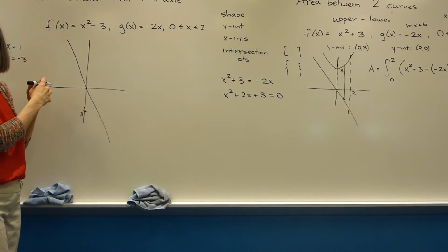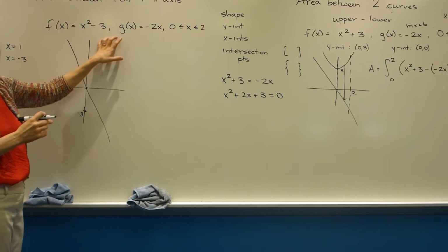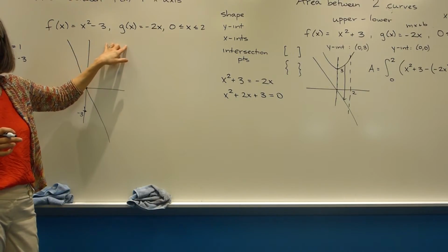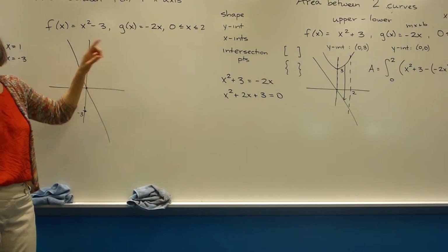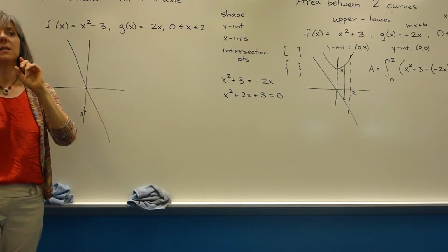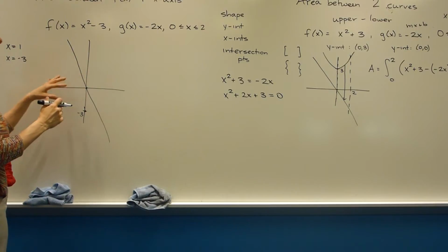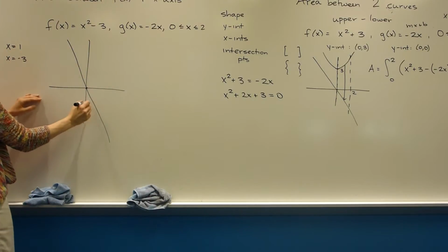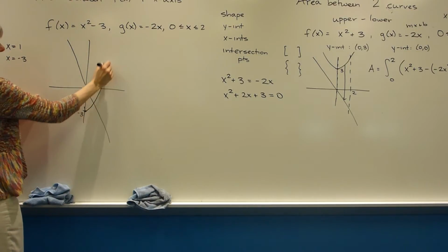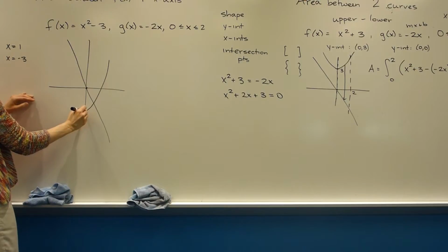Is that going to really matter as much? Do I need to worry about x-intercepts if I'm looking at area between two curves? That's not so important. Area between the curve and the x-axis, definitely have to have the intercepts because they're like intersection points, but not as important here. So I know at x equals 1 and at x equals negative 3.